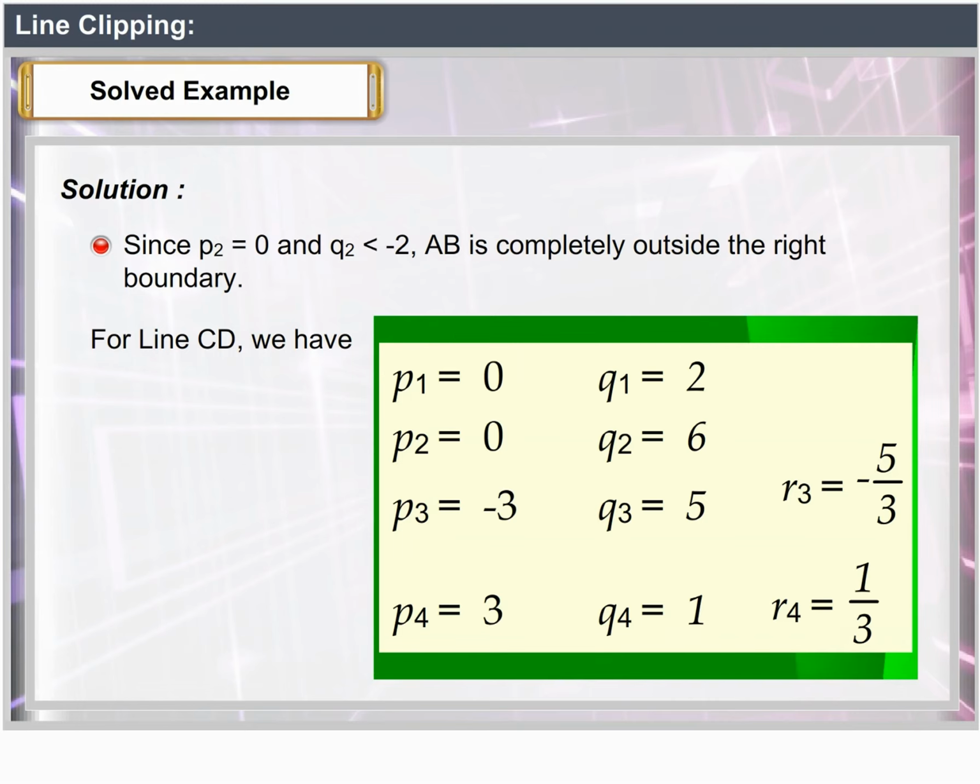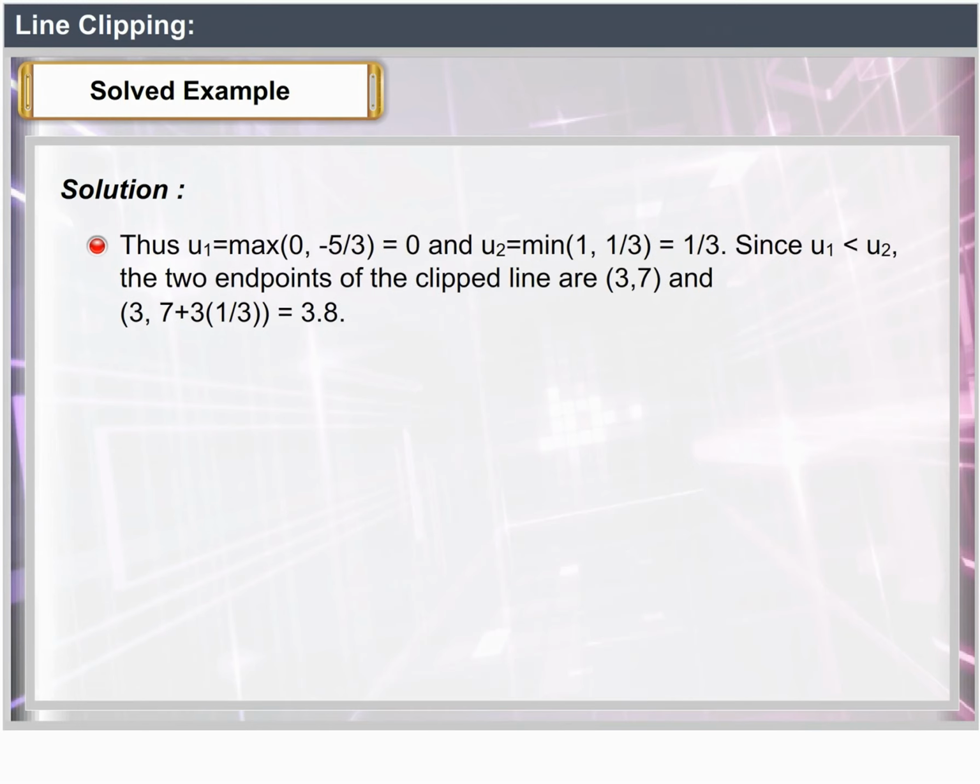Thus, u1 equals max of 0, -5/3 equals 0, and u2 equals minimum of 1 and 1/3 equals 1/3. Since u1 is less than u2, the two endpoints of the clipped line are (3, 7) and (3, 7 + 3 × 1/3) equaling (3, 8). For line EF, we have the following parameters.